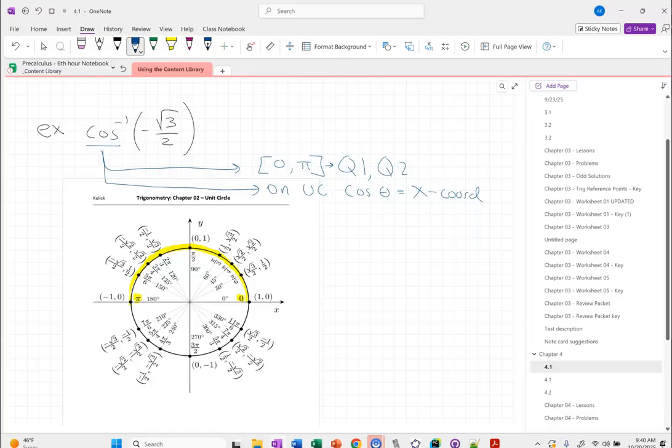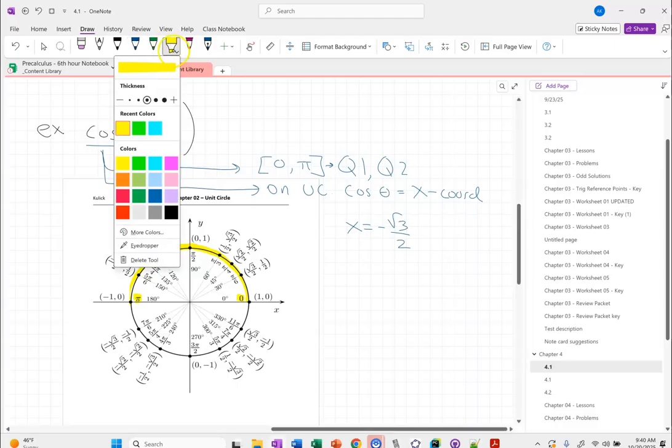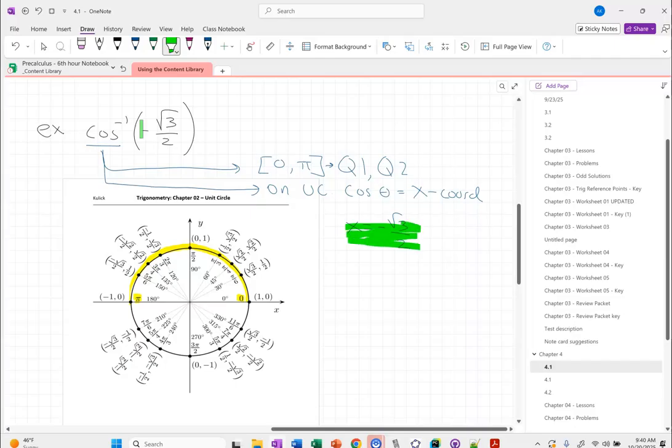So I'm going to say then that I'm looking for where x is equal to negative root 3 over 2. Where am I looking for that x coordinate? Quadrant 1 or 2, exactly.